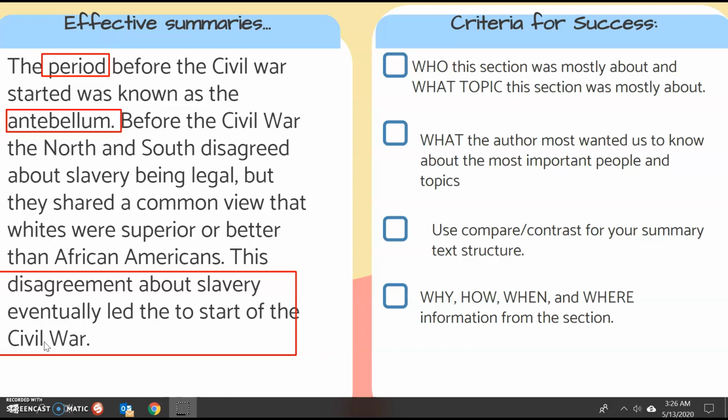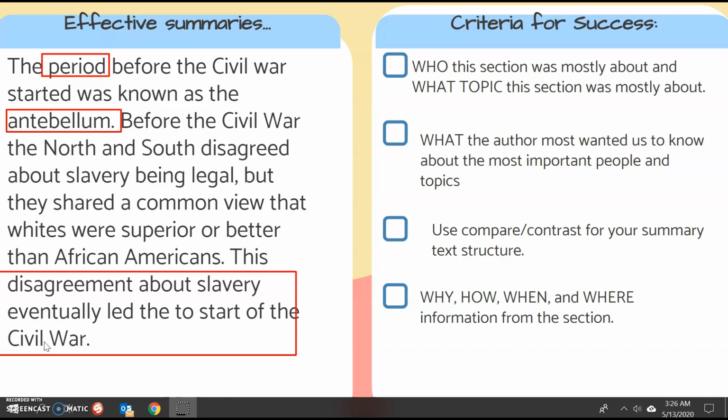Next, I want you to think what the author most wanted us to know about the most important people and topics. I did this in my own words. Why was there such a long period before the Civil War? Well, I know after reading that they disagreed about slavery, but they benefited from it nonetheless and believed they were superior.